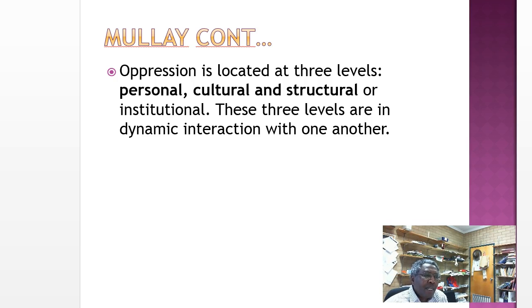The oppression at the personal level is reinforced by the cultural practices, and that may also be reinforced further by the structures or the institutions, whether it's institutions like the government, the church, the schools, any kind of institutions that you can imagine that have an impact on the way the society is structured.